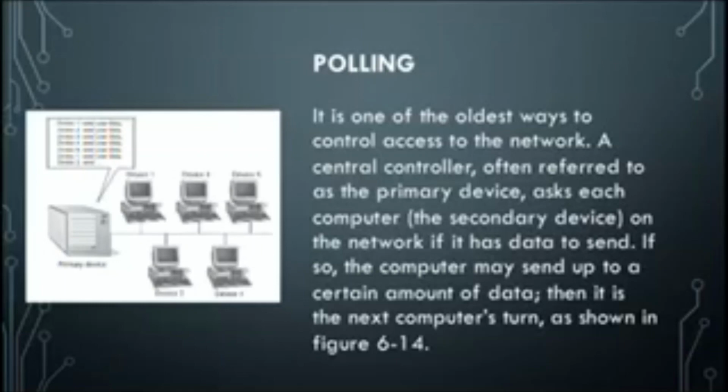A central controller, often referred to as the primary device, asks each computer, the secondary device, on the network if it has data to send. If so, the computer may send up to a certain amount of data. Then it is the next computer's turn, as shown in Figure 6-14. That's all.